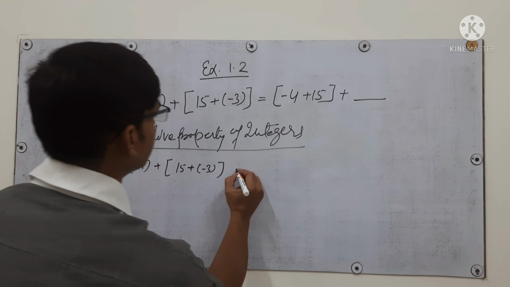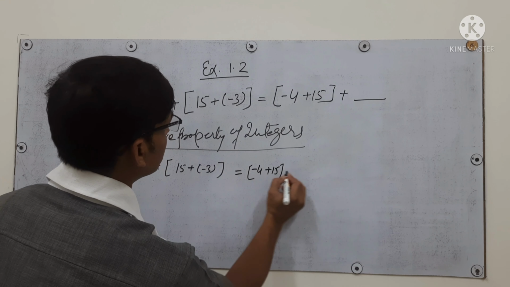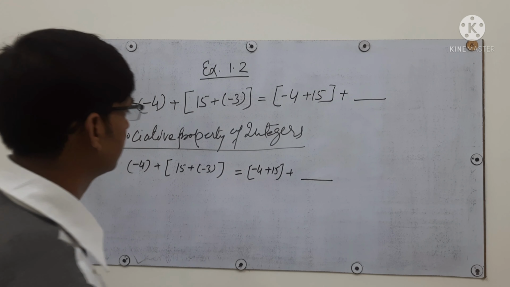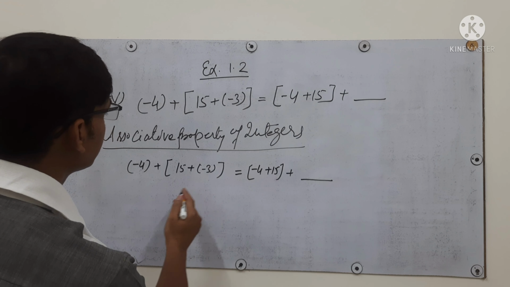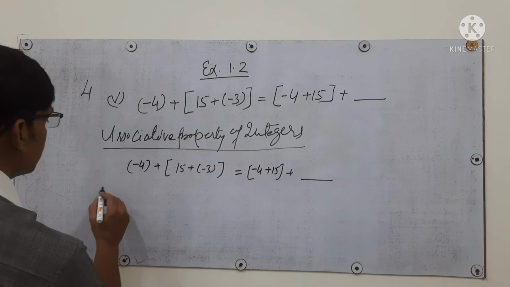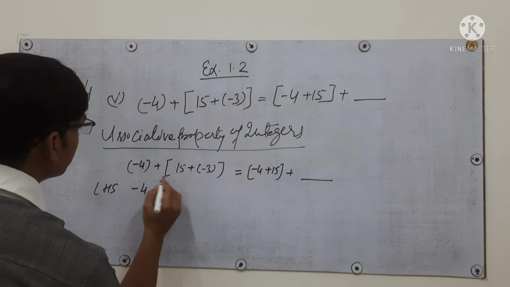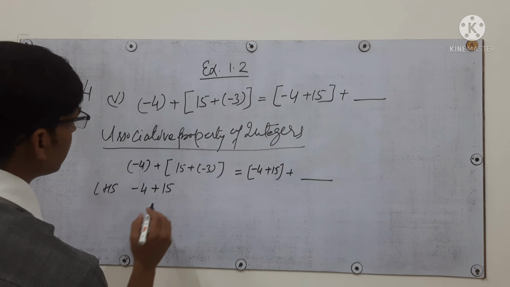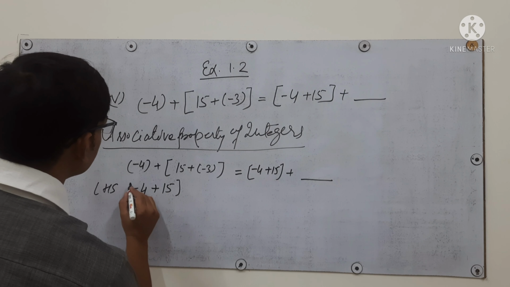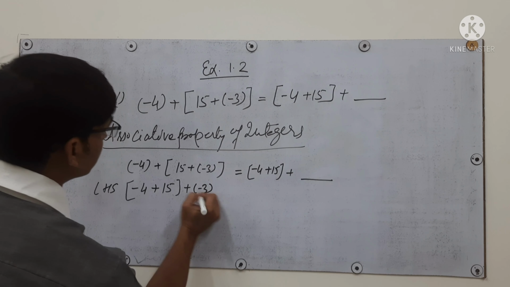And here it is minus 4 plus 15, and we have to find what comes here. We can arrange it like this also: on the left hand side it will be minus 4, and we can take 15 here also, and here it is minus 3.